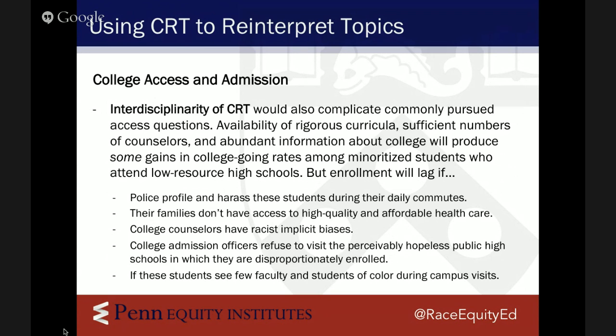So the availability of rigorous curricula in P-12 schools, the sufficient number of counselors in high schools where there are large concentrations of minoritized and lower income students, and abundant information about college in particular communities will produce some gains in college going rates among minoritized students who attend low resource high schools.